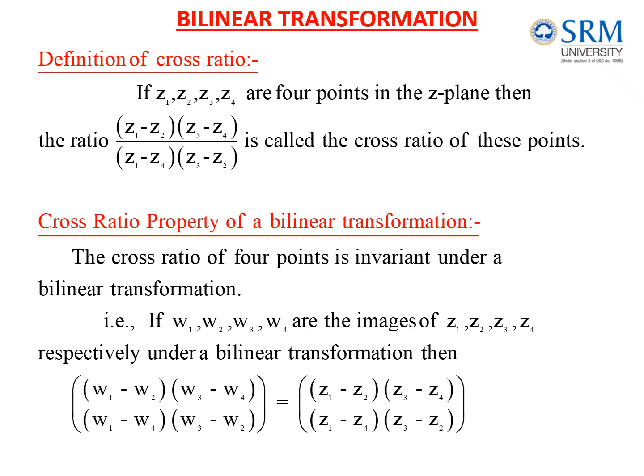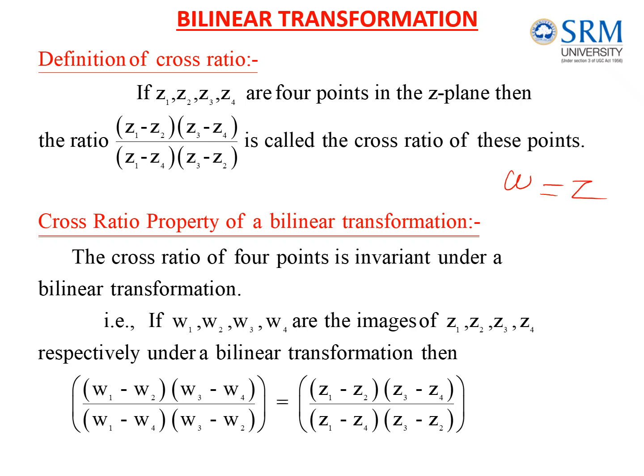Next comes a property based upon this cross ratio. The property says that the cross ratio of 4 points is invariant under a bilinear transformation. So what is meant by invariant? The image is itself.